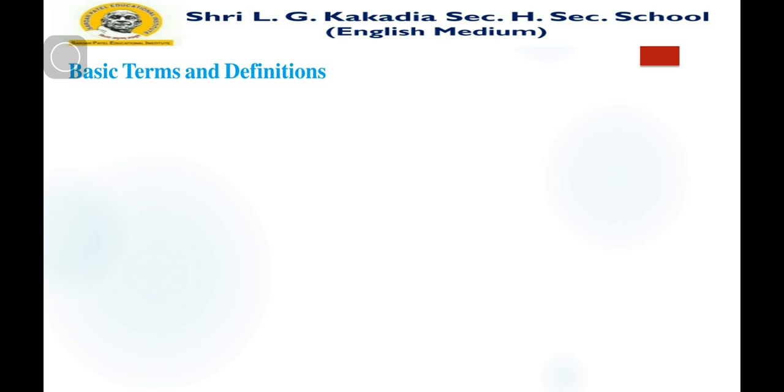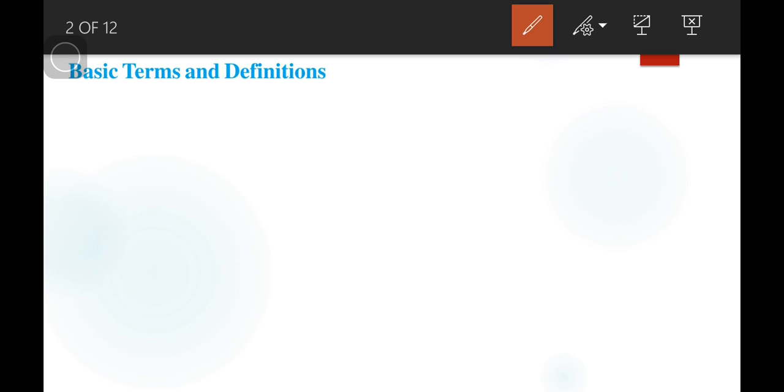Basic terms and definitions. We know that if we put 2 points on a plane, and between them we take a collection of points, and extend it on both sides to infinity, then we put an arrow on both sides.